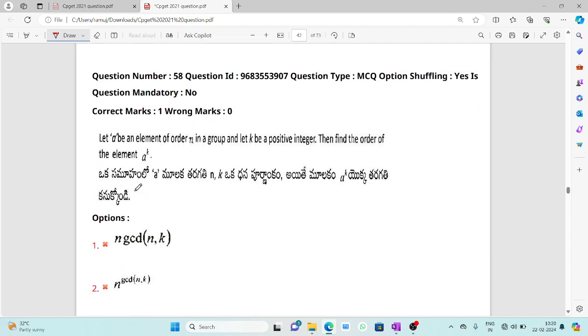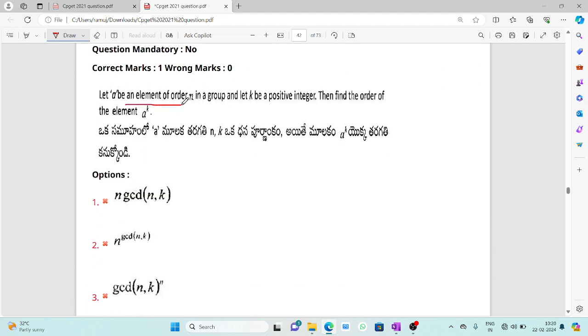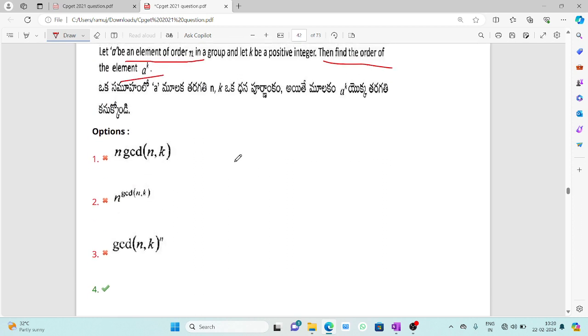So 58 one is: let a be an element of order n in a group and k be a positive integer, then find the order of the element a power k. So this is also a direct formula and direct statement. Whenever these types of questions come, you just tick, you don't waste time, because in this exam the time is very less. Each question should take less than 1 minute.